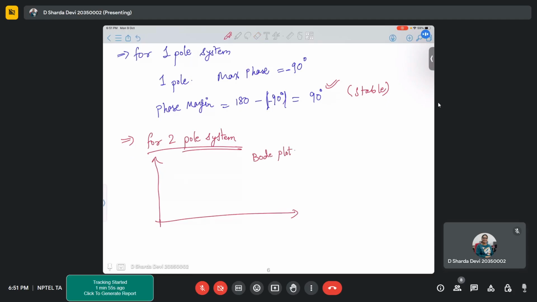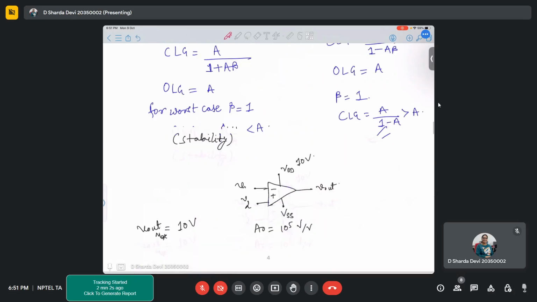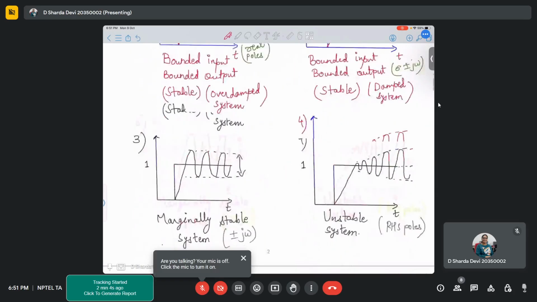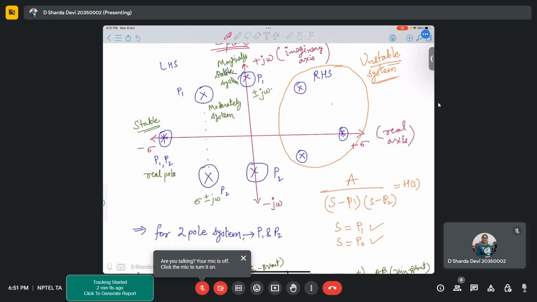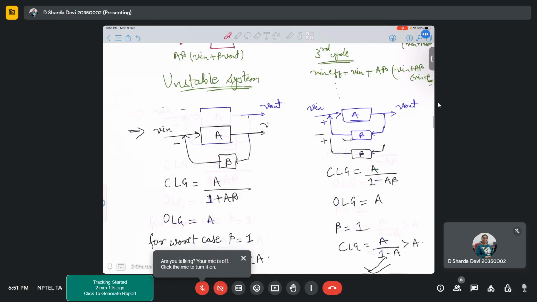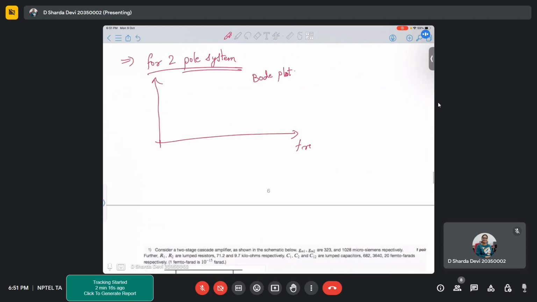There is a slight difference between a Bode plot and the S-plane. In the S-plane, we talk about a complete frequency domain plane with real part and imaginary part. But a Bode plot is rather a frequency response with gain, and here the frequencies are ultimately your poles and zeros, right?